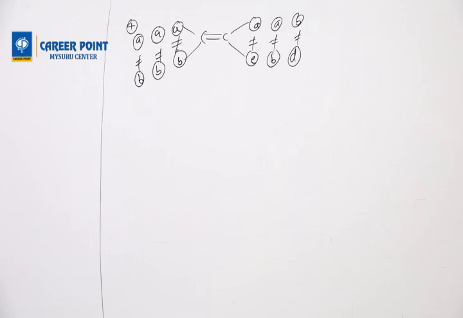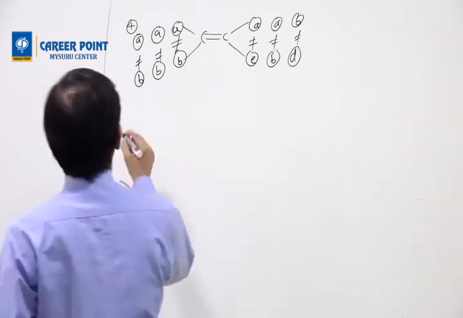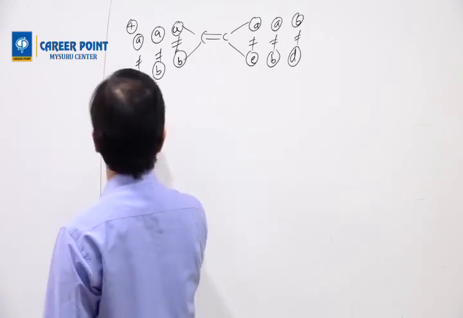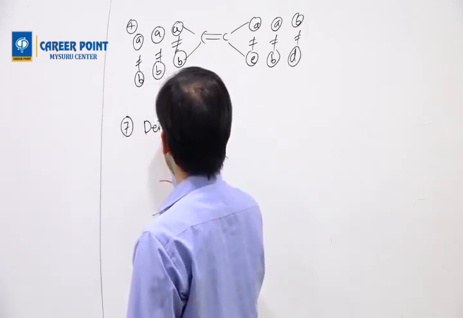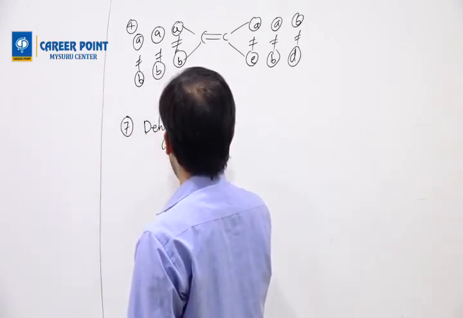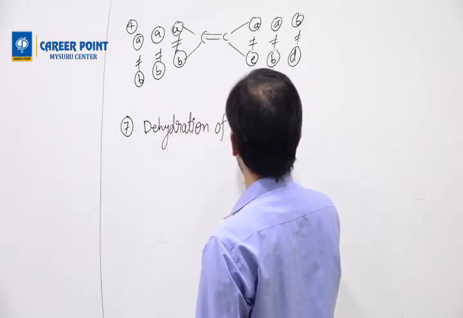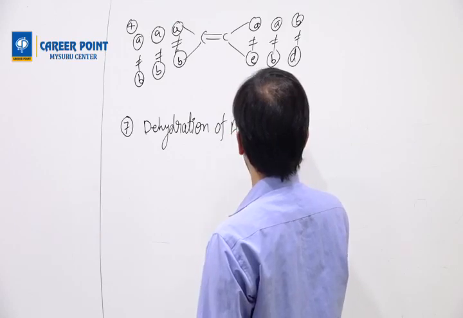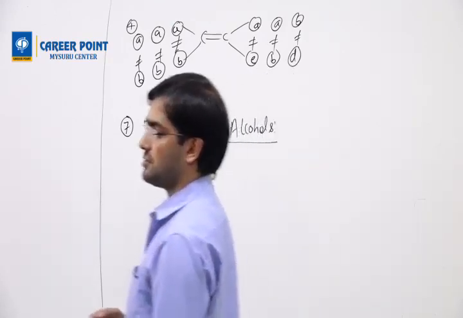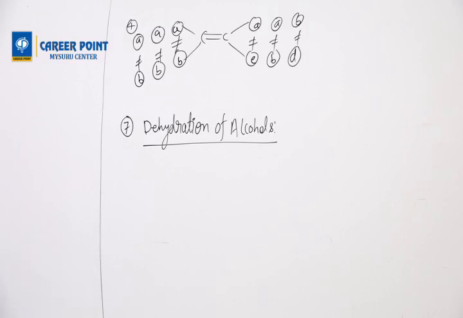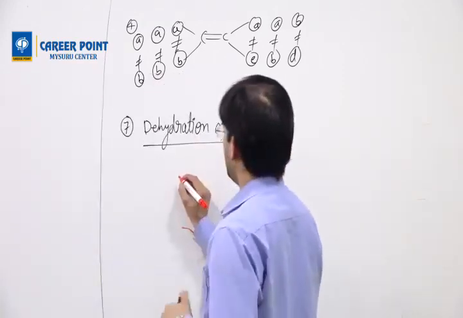Question number 7: which alcohol can be turned most easily to alkene? There is a reaction used which is called dehydration of alcohols. Now when I am doing dehydration of alcohol, what happens is this.